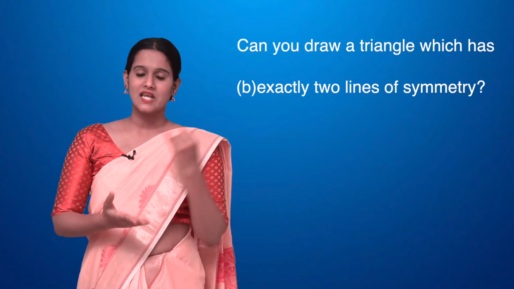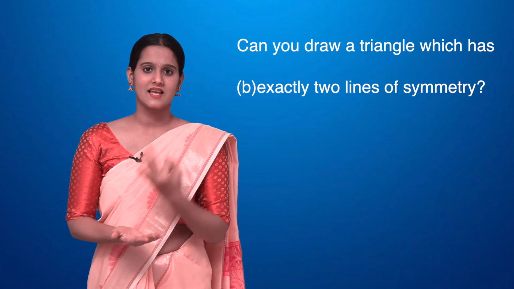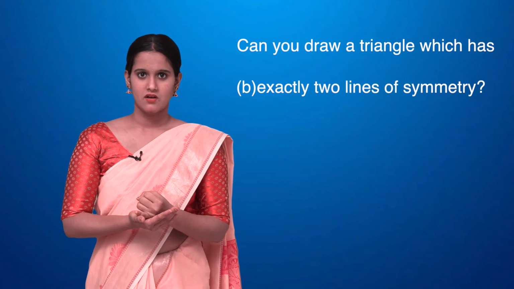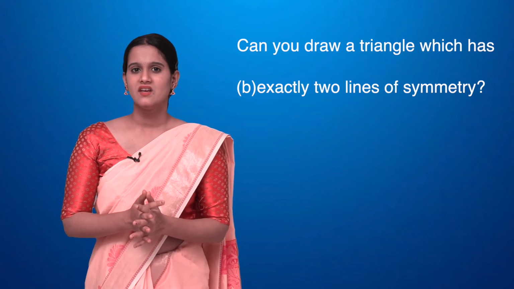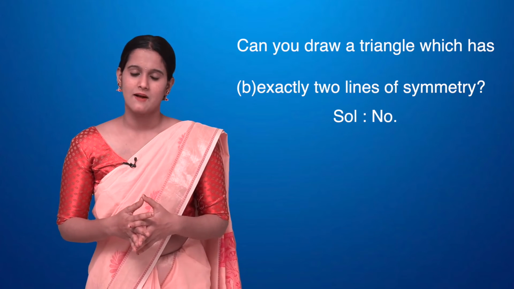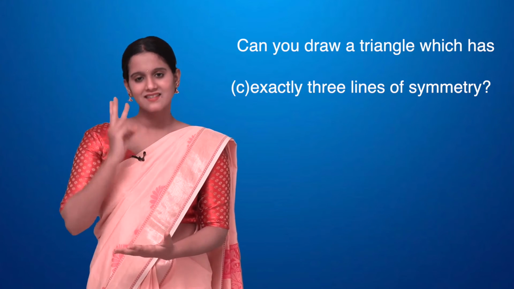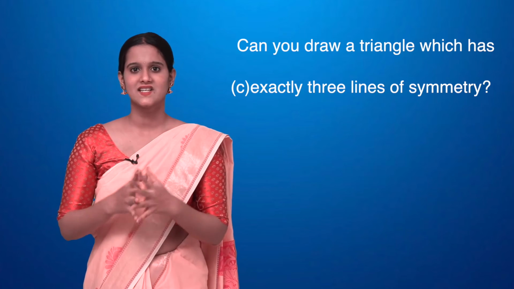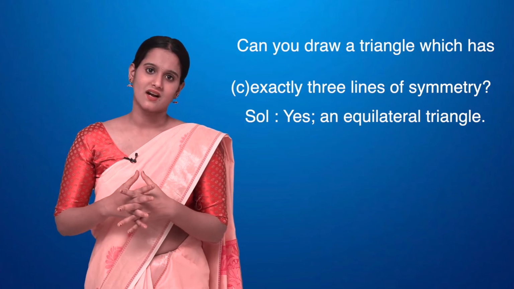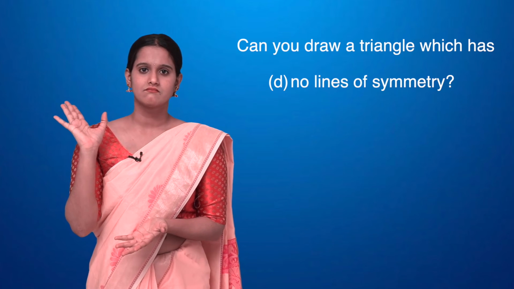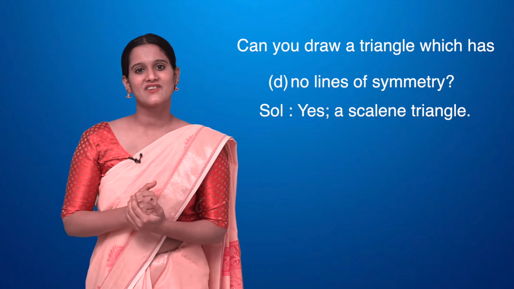We just dealt with equilateral, isosceles and scalene. For the equilateral, we have 3 lines of symmetry. Whereas 2 lines of symmetry is impossible, right? So no. Next, exactly 3 lines of symmetry. Of course, yes, it is an equilateral triangle. Next, no lines of symmetry. Of course, yes, which is a scalene triangle, right?